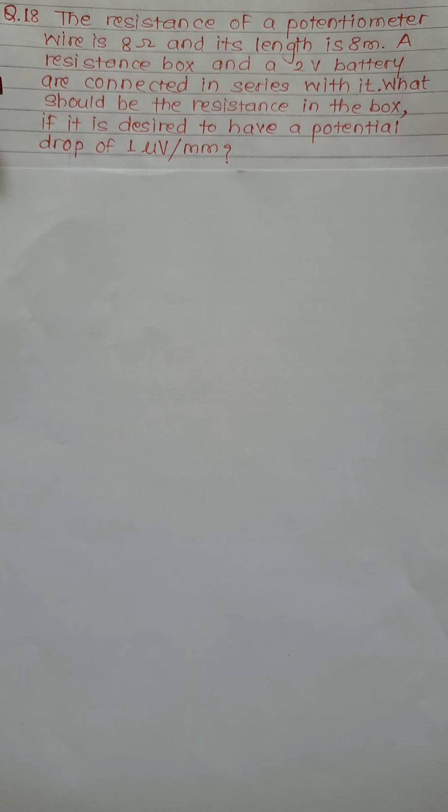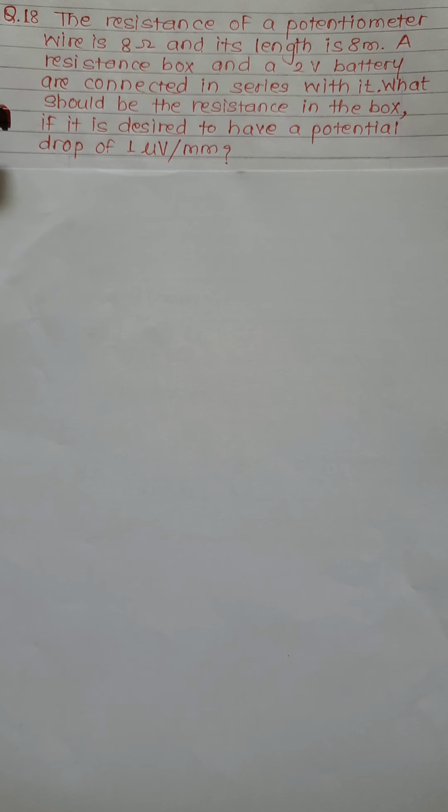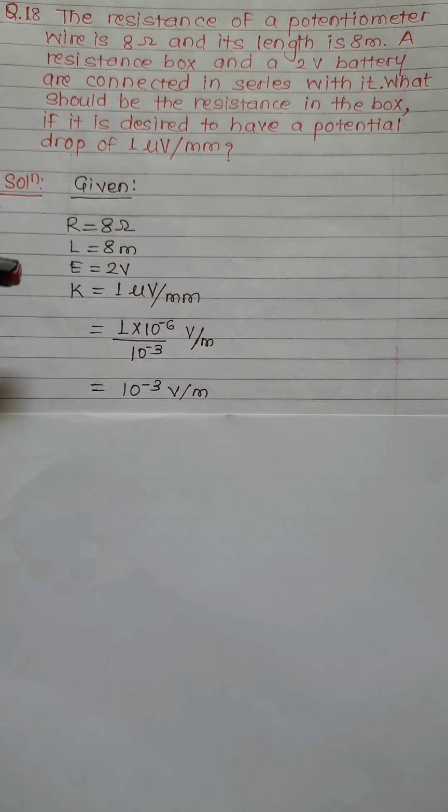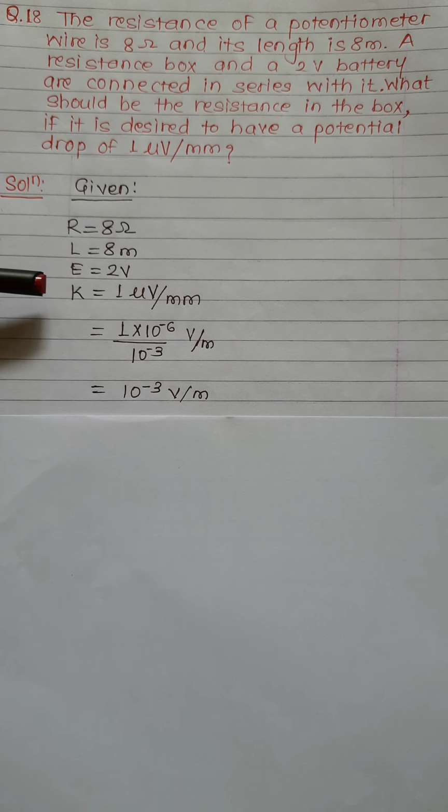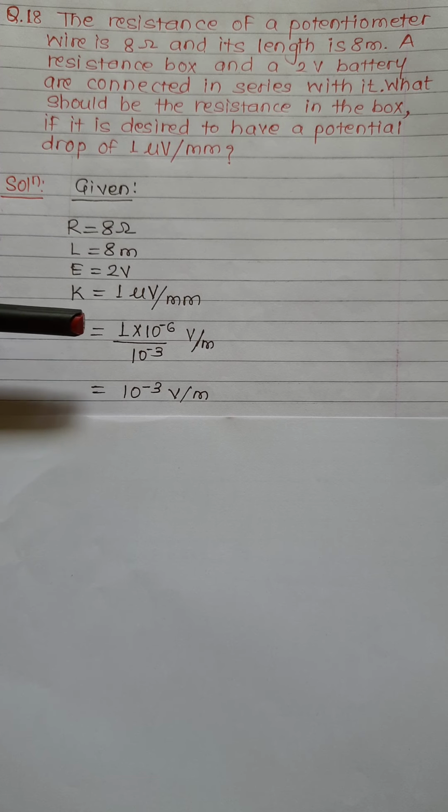Textbook question 18. The resistance of a potentiometer wire is 8 ohm and its length is 8 meter. A resistance box and a 2 volt battery are connected in series with it. What should be the resistance in the box if it is desired to have a potential drop of 1 microvolt per millimeter? Given values: resistance of wire 8 ohm, length 8 meter, EMF 2 volt, potential gradient, that is potential drop, 1 microvolt per millimeter.